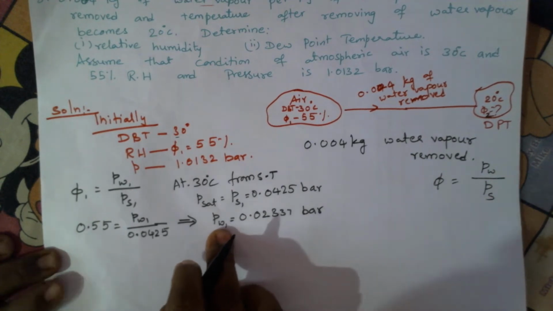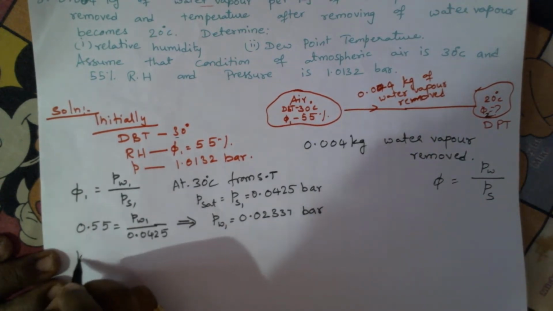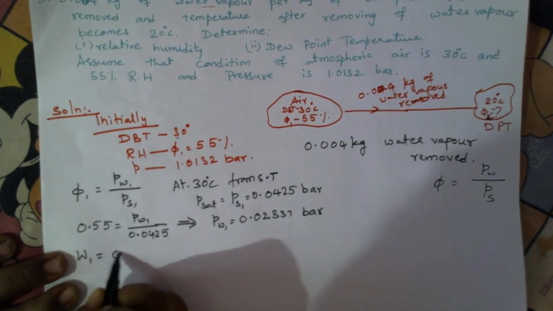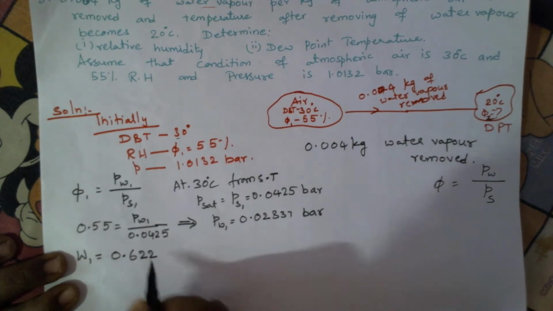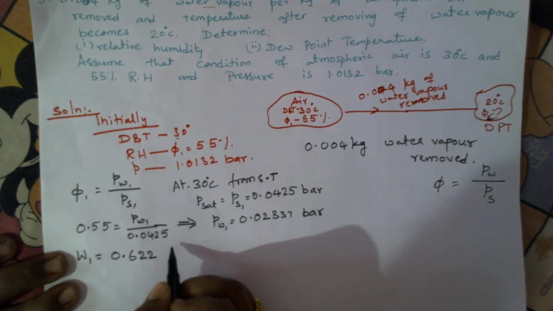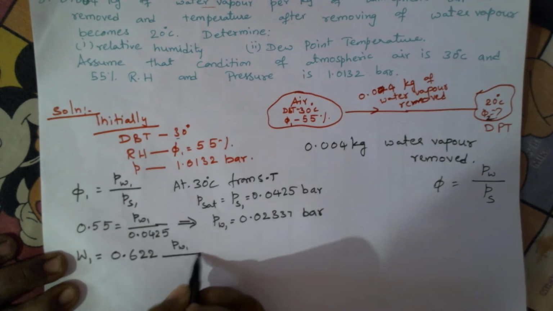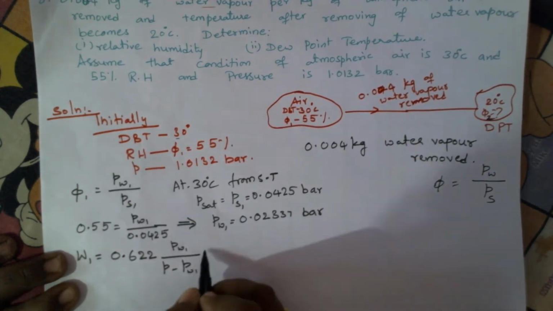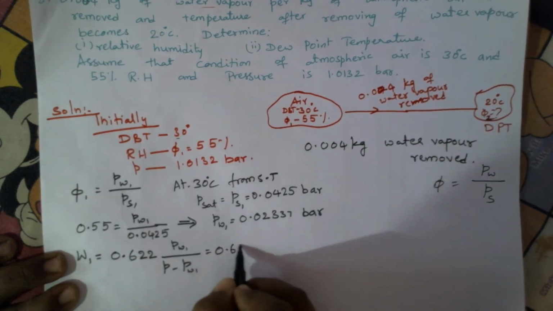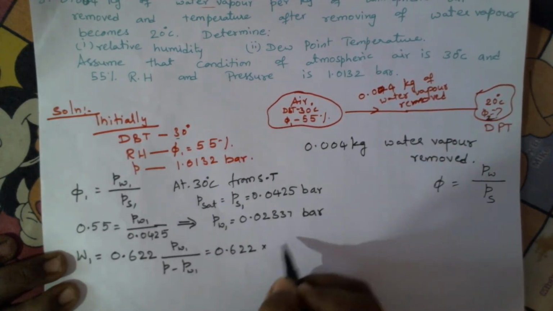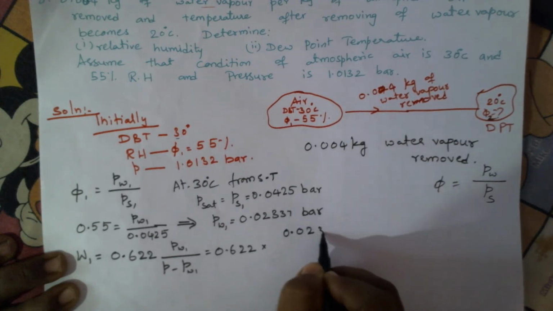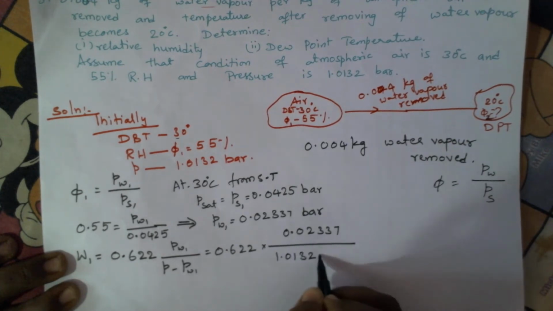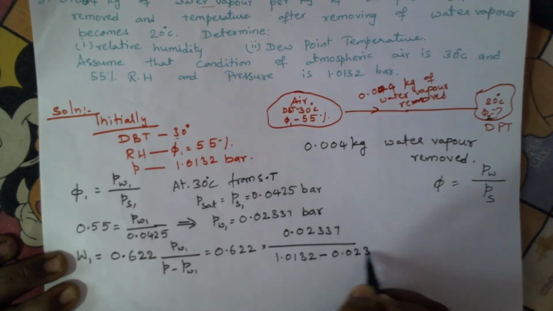Now using this partial pressure of water vapor at condition 1, we are going to calculate the specific humidity at condition 1, that is W1. Already we know the formula: W1 is equal to 0.622 into partial pressure of water vapor divided by P minus PW1. So this is equal to 0.622 times PW1, which we have calculated as 0.02337, divided by 1.0132 minus 0.02337.